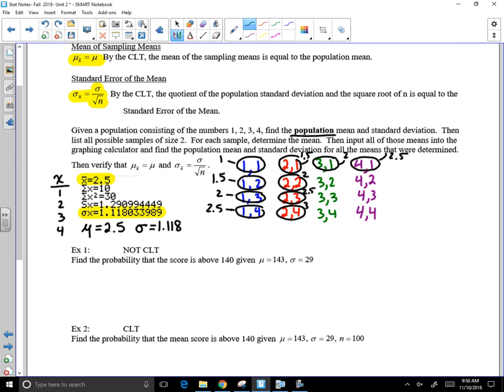If I know the first number, then I know all of them. Just keep adding 0.5s. So 2.5, 3, 3.5, 3, 3.5, and a 4.